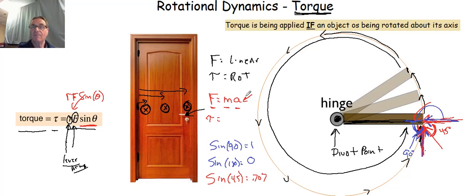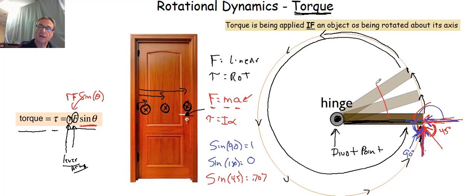Well, mass has its corresponding variable in the rotational world, and that is I, the moment of inertia, and acceleration has its counterpart as well, and it would be alpha, and that's simply the angular acceleration of whatever it is that's being rotated.